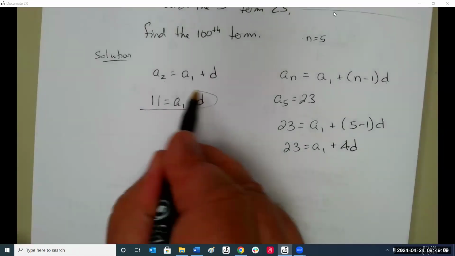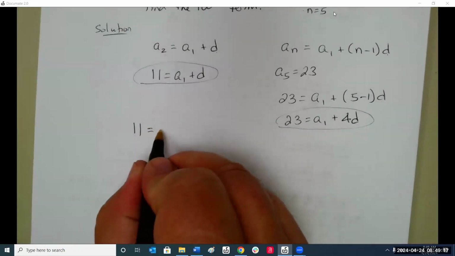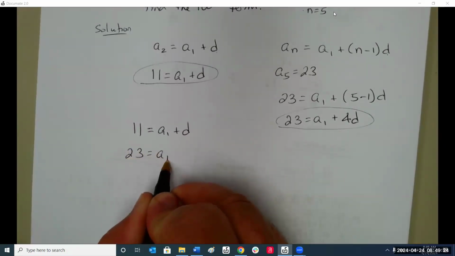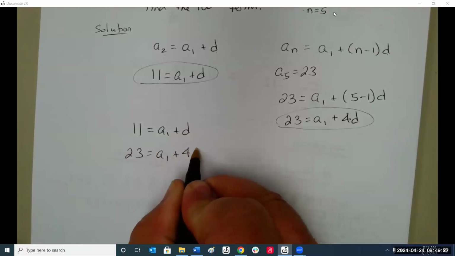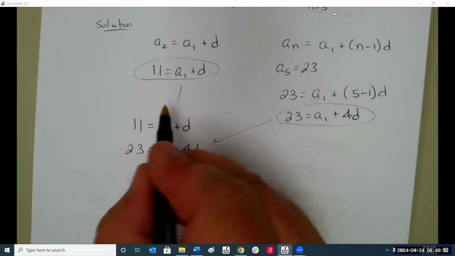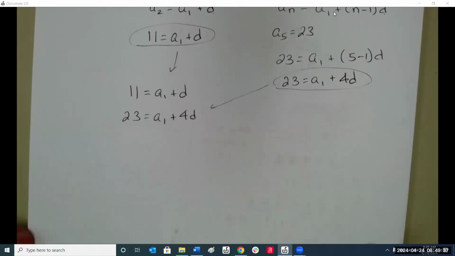So if we take both of these equations and put them together, 11 equals a1 plus d, and 23 equals a1 plus 4d. What method do we know for solving these types of equations?